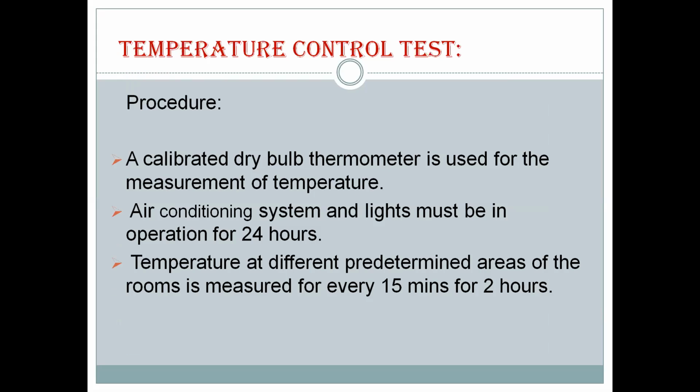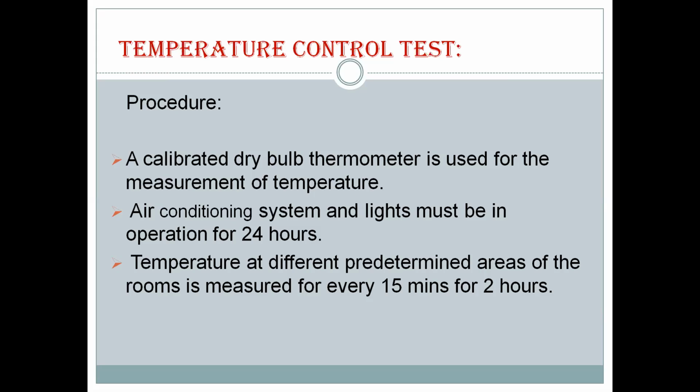Then temperature control test. The procedure is, here you have to take a calibrated dry bulb thermometer, which is commonly used for the measurement of temperature. Then the air conditioning system and lights must be in operation for 24 hours.